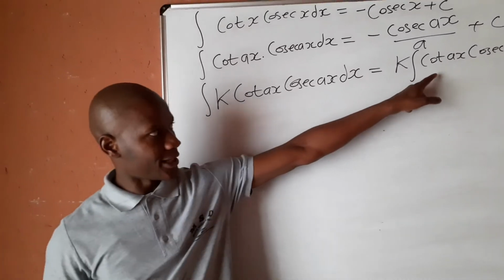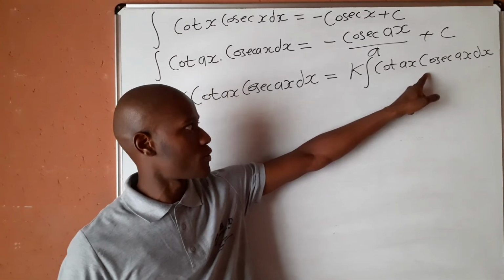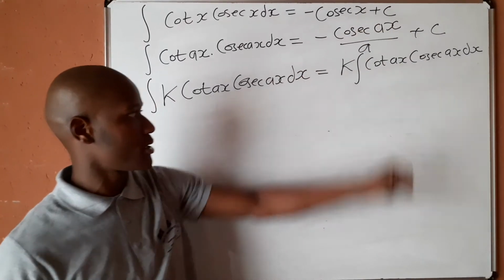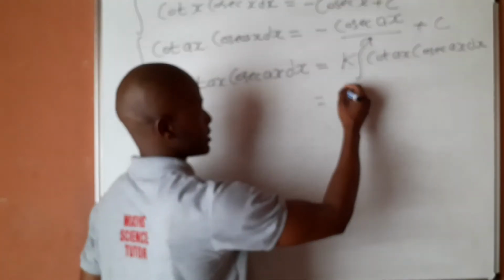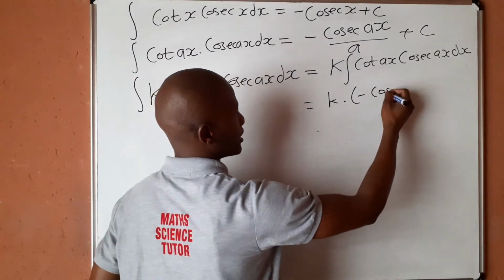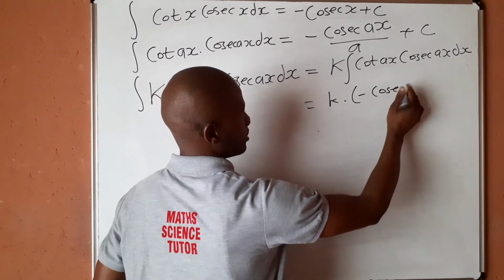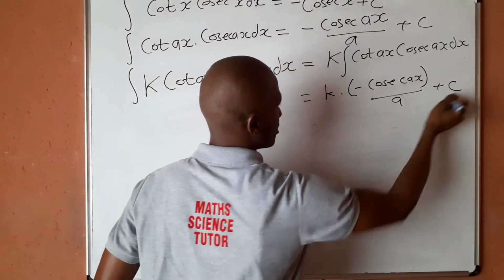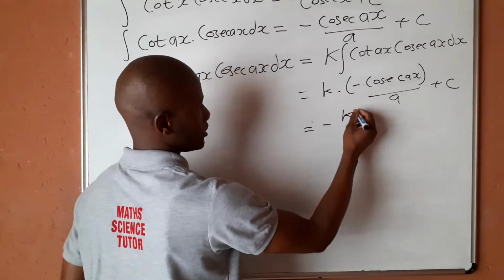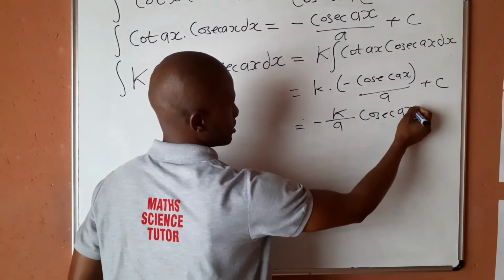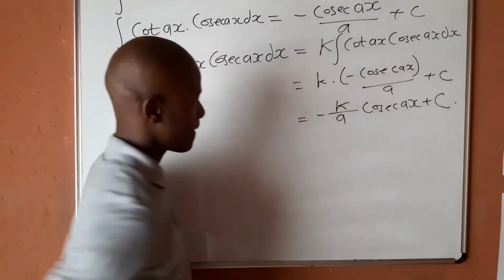So we integrate cot ax cosec ax dx, which is negative cosec ax plus c. Then it is k times negative cosec ax over a plus c, which is the same as negative k over a cosec ax plus c.